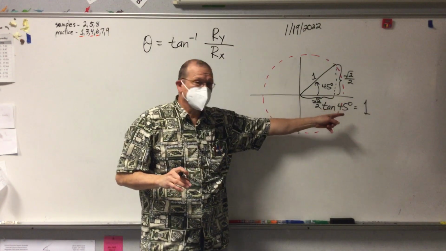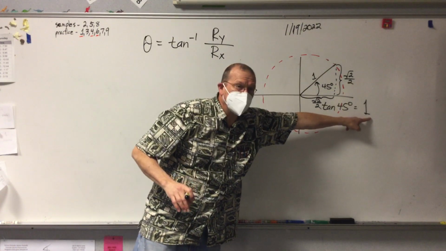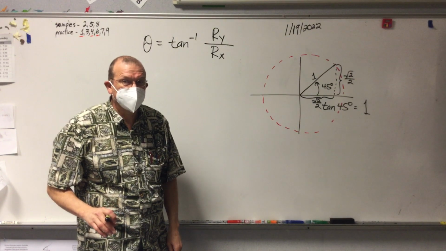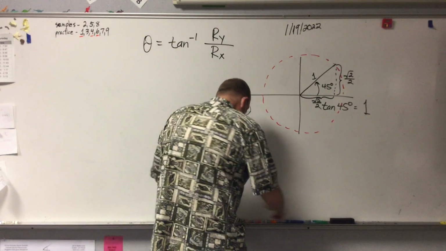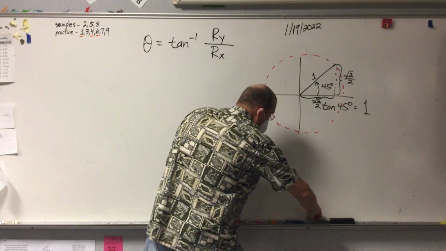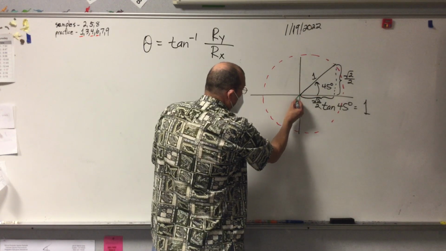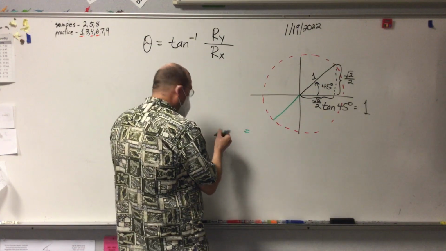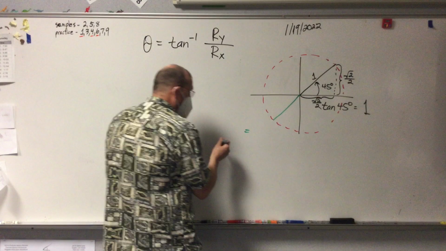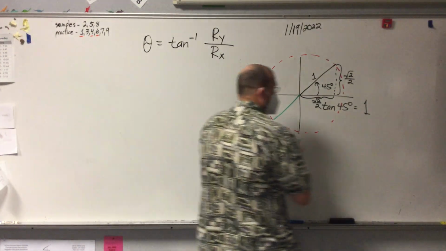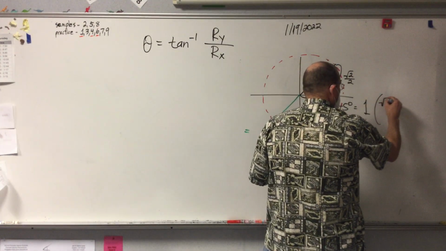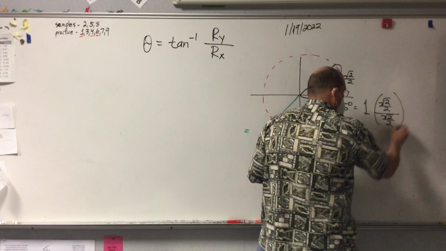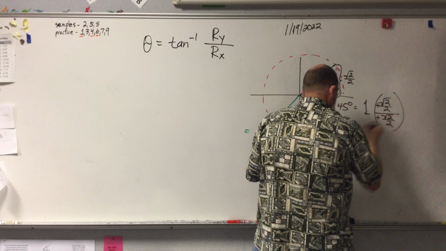Is there another place where we get this value? What angle is it at? 225. 225, and I'll do this in a different color. That is this. And I'm going to be very explicit here.